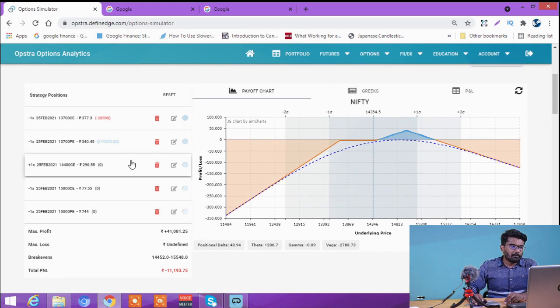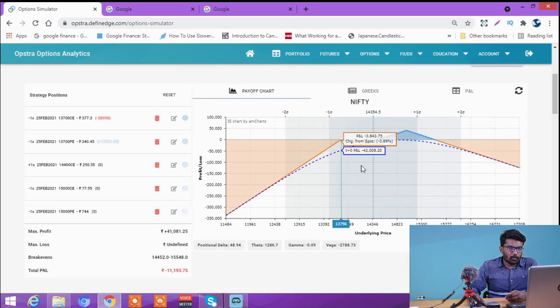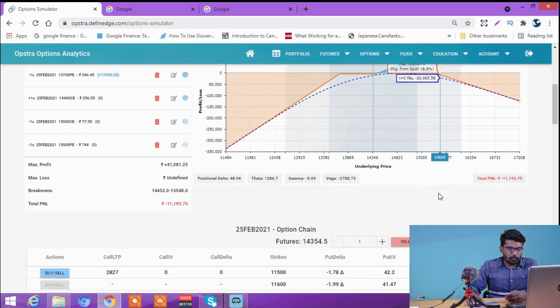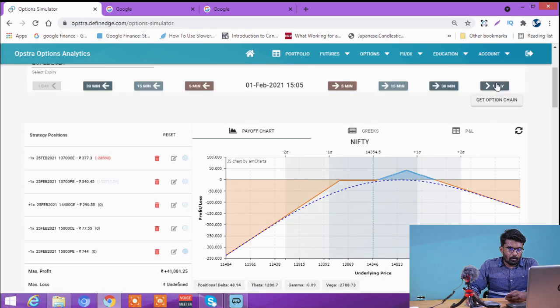Above that, we have bought the 14,400 at the money call, and we have sold one more straddle. Apart from the original 13,700 straddle, we have sold one more straddle, which is the 15,000 straddle. We have sold both call and put. So after doing that, this is how it is going to be. Let's see what is happening on the next day.